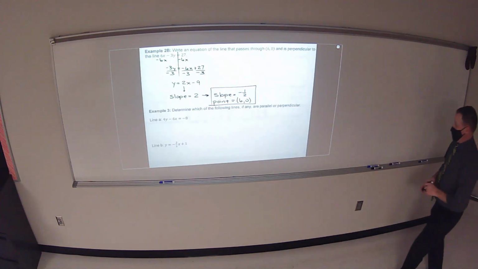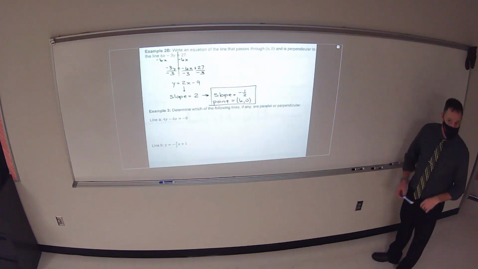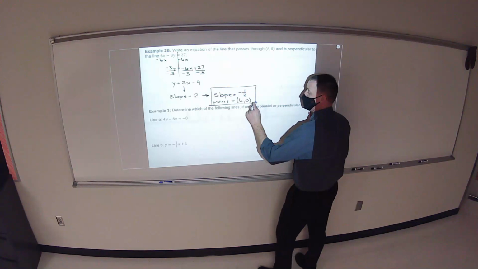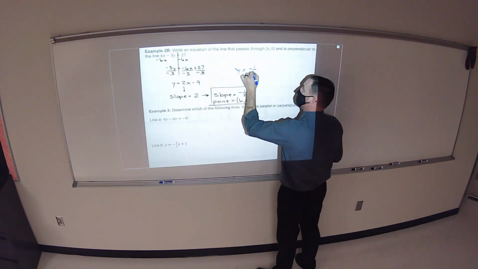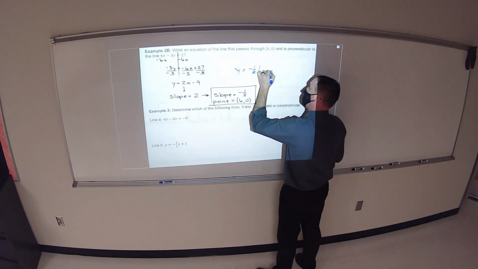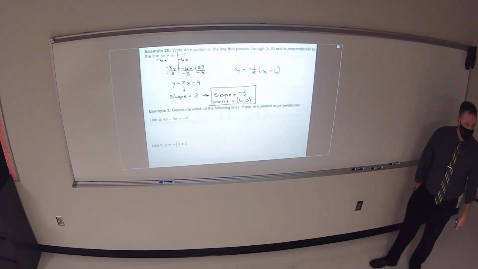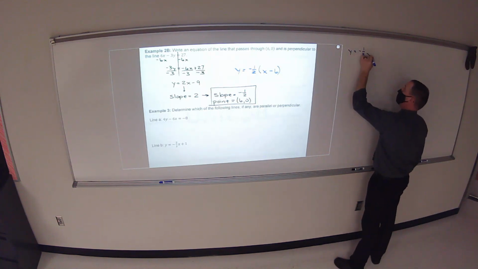All right, now there is a 0 in this problem, so make sure that if we're writing it in point slope form that we have simplified that. So y minus 0 is just y equals negative 1/2 times the quantity of x minus 6. Slope intercept form, y equals negative 1/2 x plus b.